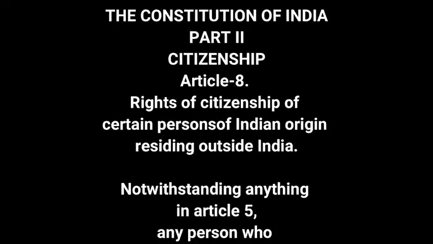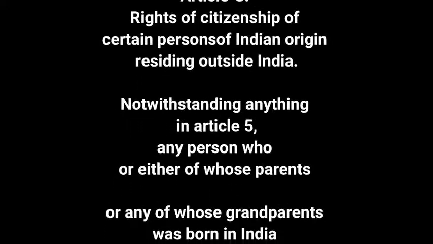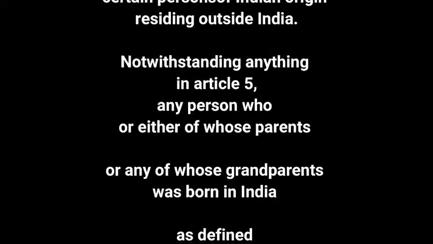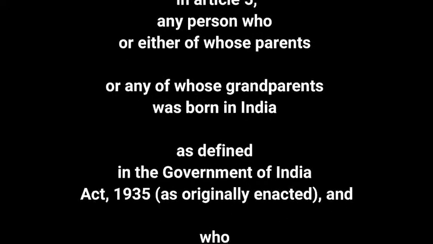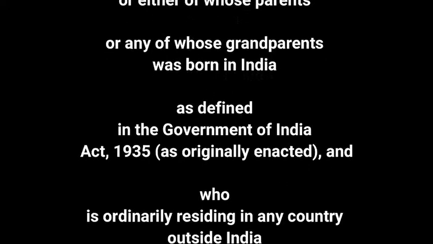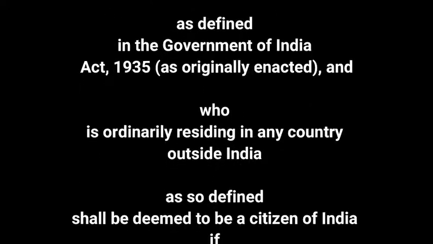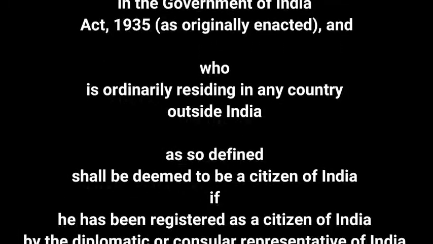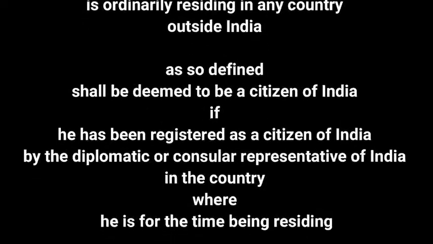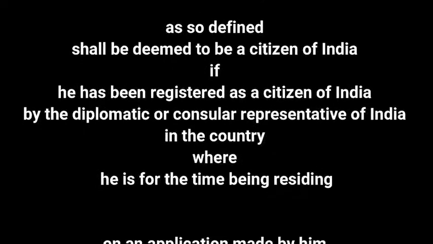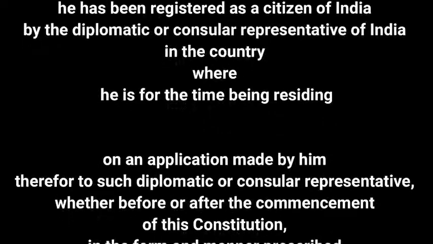Notwithstanding anything in Article 5, any person who or either of whose parents, or any of whose grandparents, was born in India, as defined in the Government of India Act, 1935 as originally enacted, and who is ordinarily residing in any country, outside India, as so defined, shall be deemed to be a citizen of India, if he has been registered, as a citizen of India, by the diplomatic or consular representative of India, in the country, where, he is for the time being, residing.